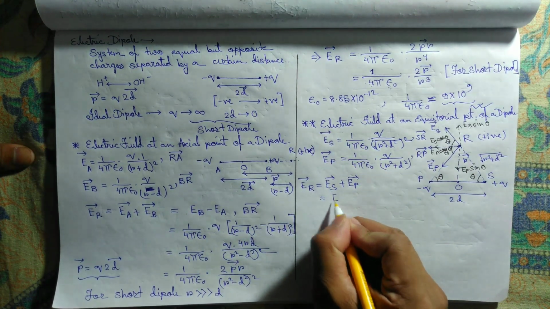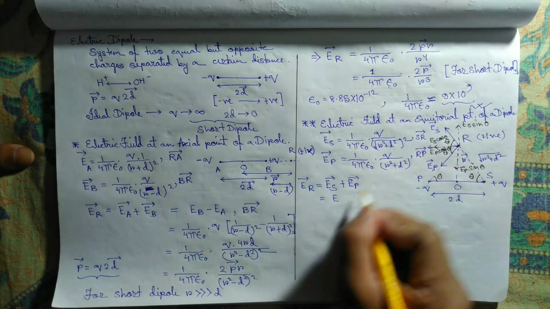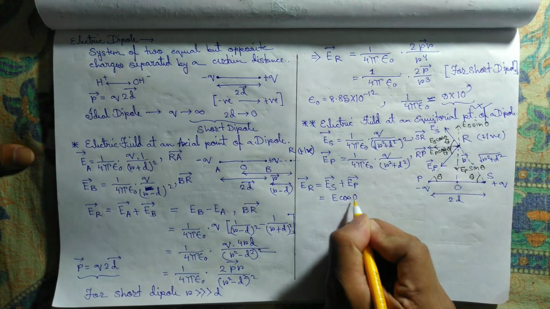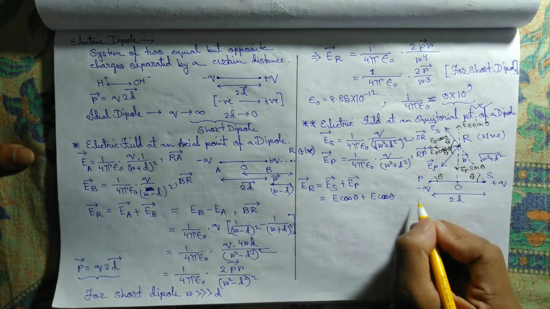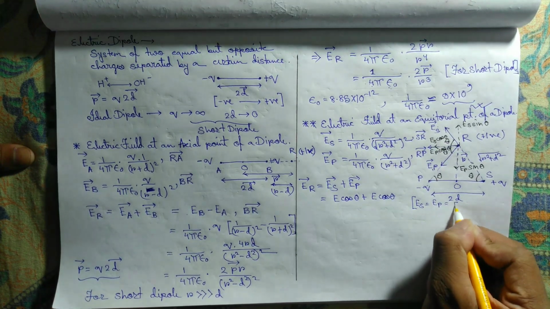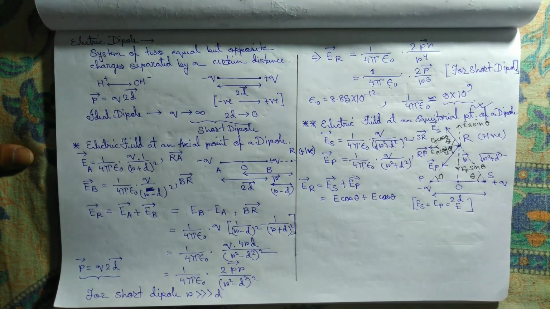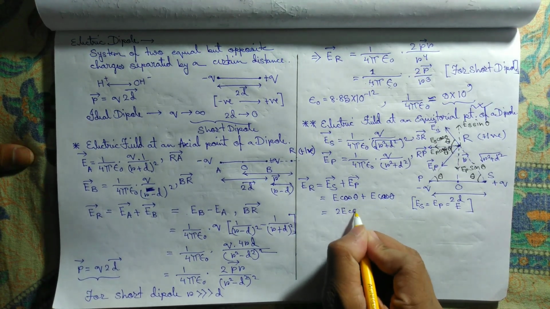So let's take it as E. Now it will be E cos theta plus E cos theta. Just take the magnitude of ES equal to EP equal to E. So it will be 2E cos theta.